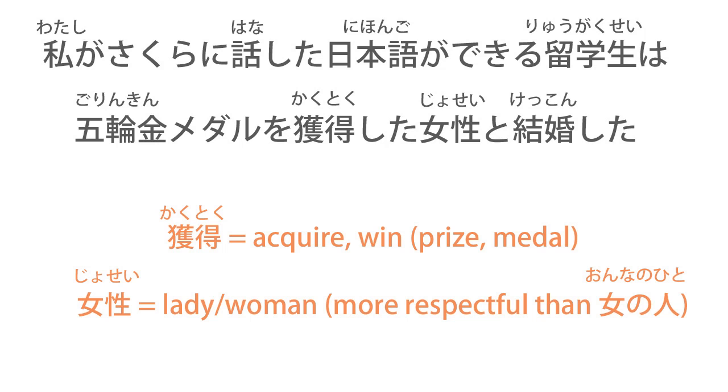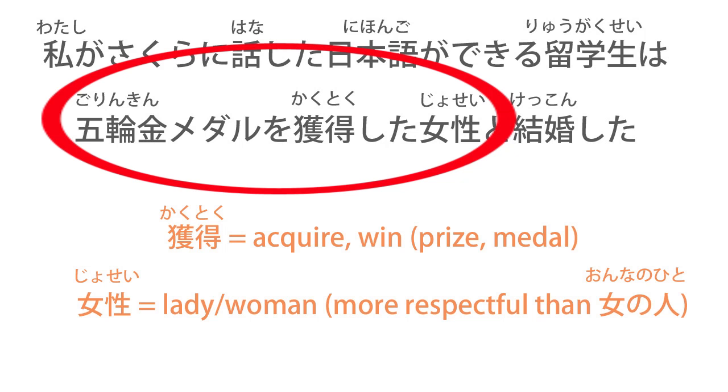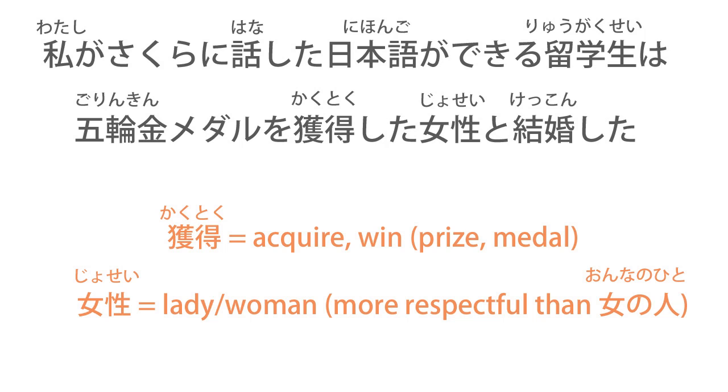And there's no doer implied here. But we have the doer right afterwards, don't we? So we know that we have here a modifier for another noun, not a logical sentence in itself. Gorin kinmedaru wo kakutoku shita josei. So now we have another modified noun, a woman who won an Olympic gold medal.